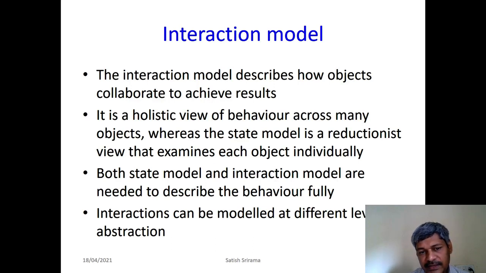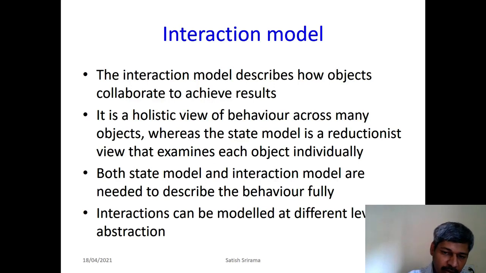The interaction model is a holistic view of the behavior across many objects, whereas the state model is a reductionist view that examines each and every object individually, how it is changing across different states and how it is behaving. The interaction model provides the complete holistic view of the system, across many objects.